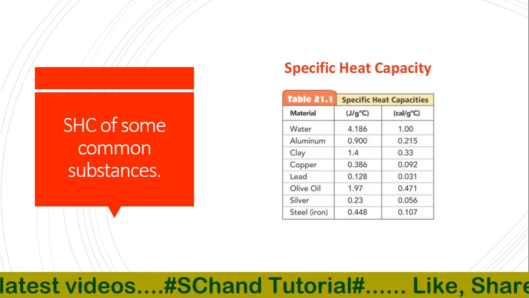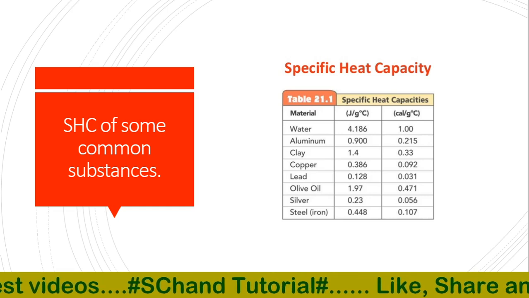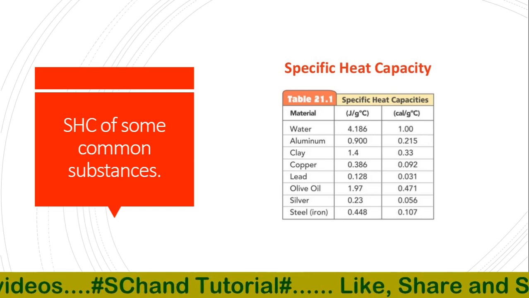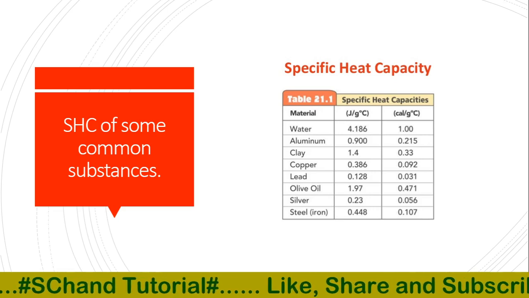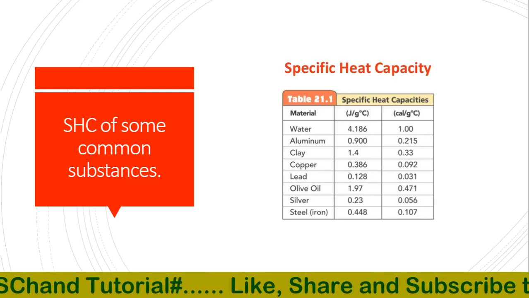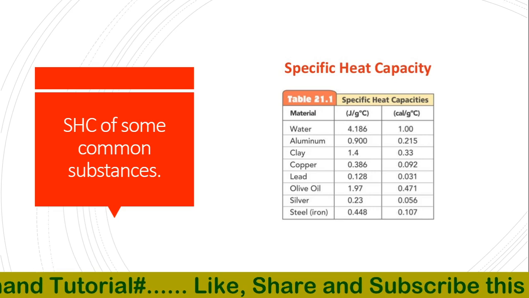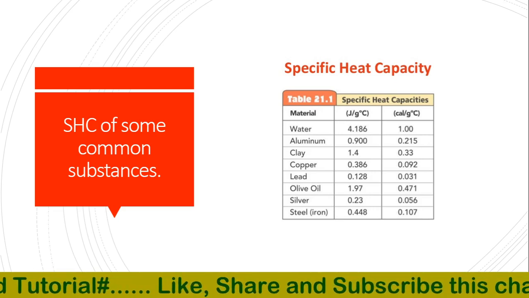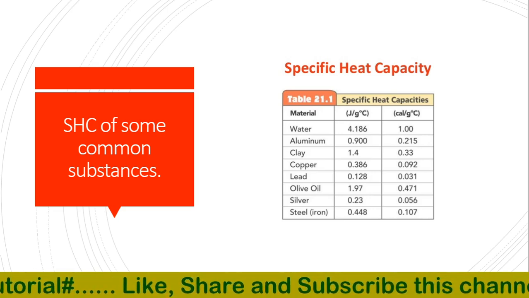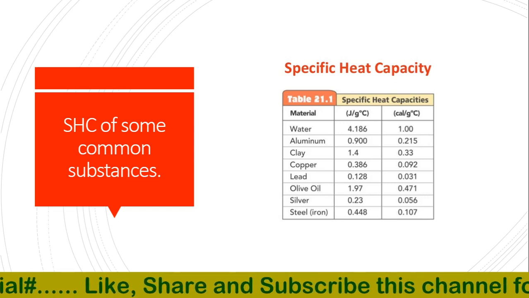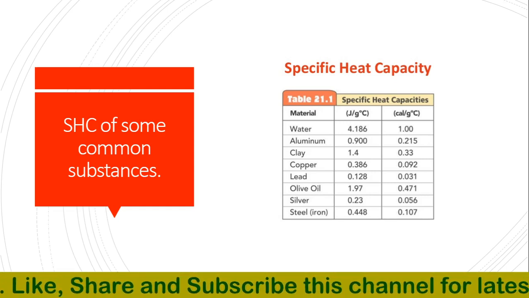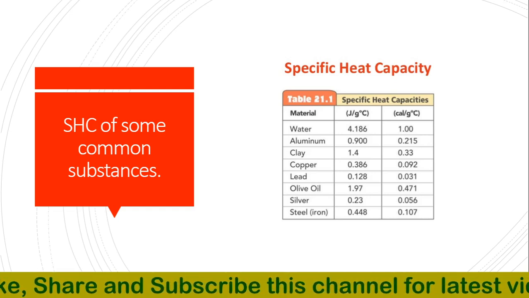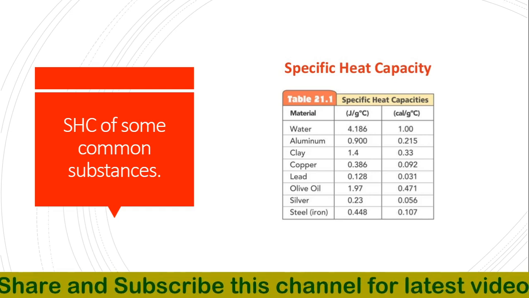We are given in the statement that specific heat capacity of copper is 0.386 joule per gram per degree Celsius. So it means 0.386 joule is the heat energy required by 1 gram of copper to raise its temperature by 1 degree Celsius. So this you need to remember, how to write the definition.